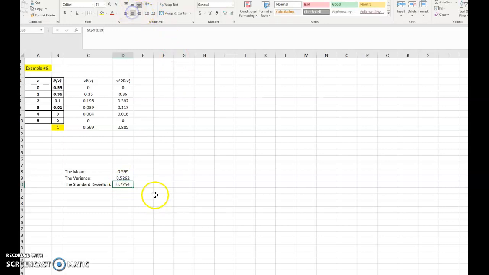And that happens to be the calculation of the mean, variance, and standard deviation. Let me just double check that all the cells are done correctly. In this case, x squared p of x minus the mean squared and then the square root.